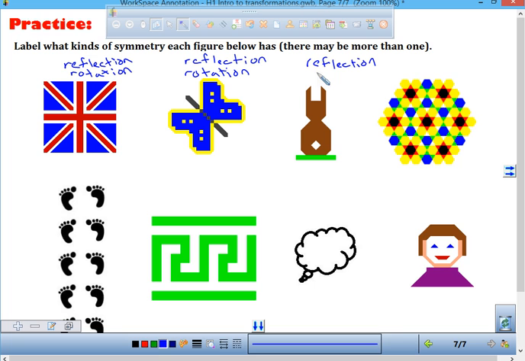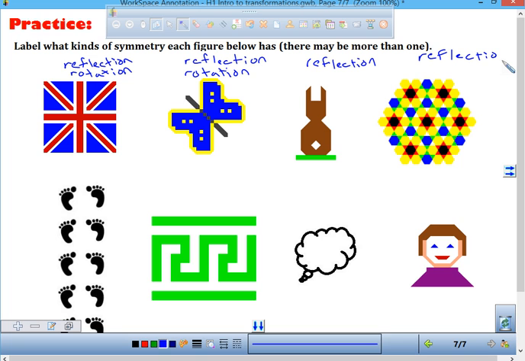Okay, the kaleidoscope. Does it have reflection? Yep. Not necessarily. Does it have rotation? Okay, what degree would the rotation be in this one? How many times can you turn it? It's going to be the same. 5 times.